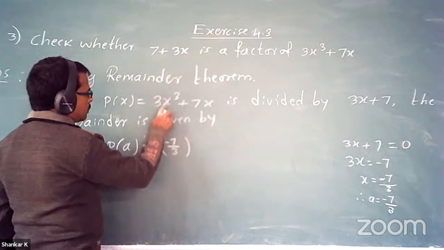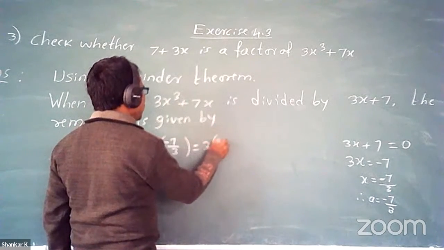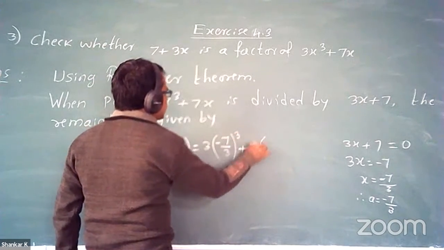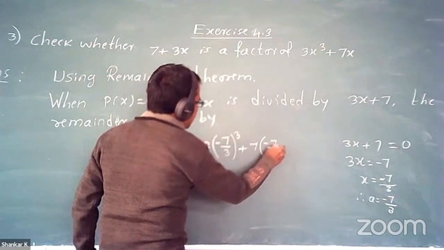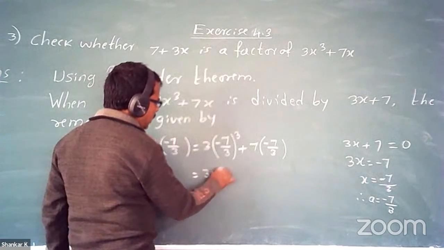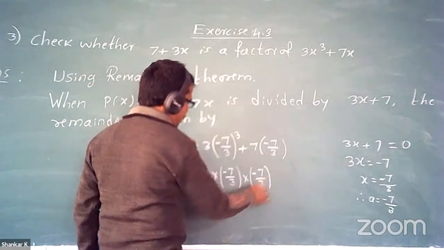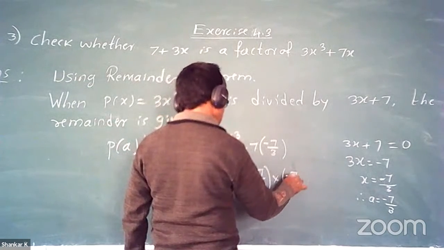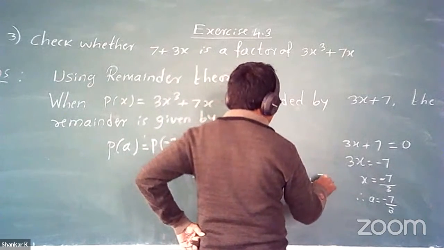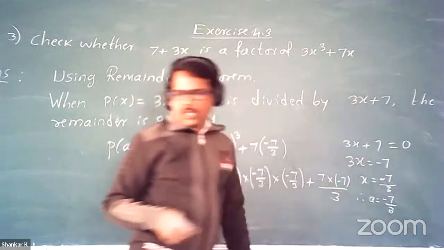Its value should be substituted here: 3 into bracket x cube, where x is minus 7 by 3, plus 7 into minus 7 by 3.